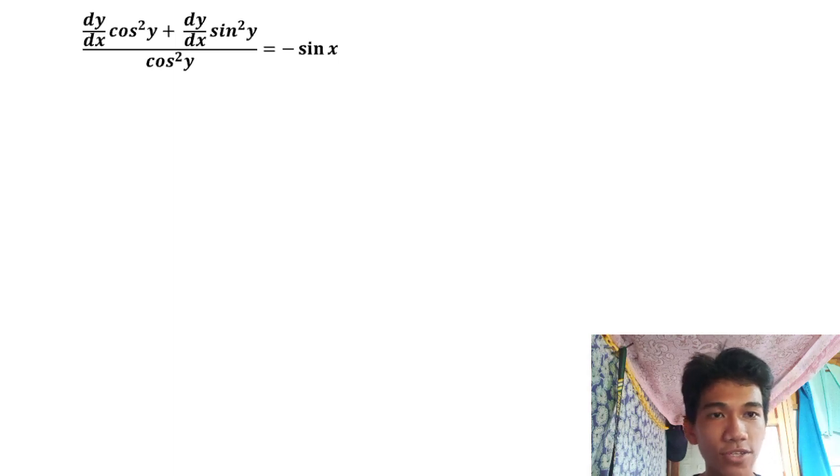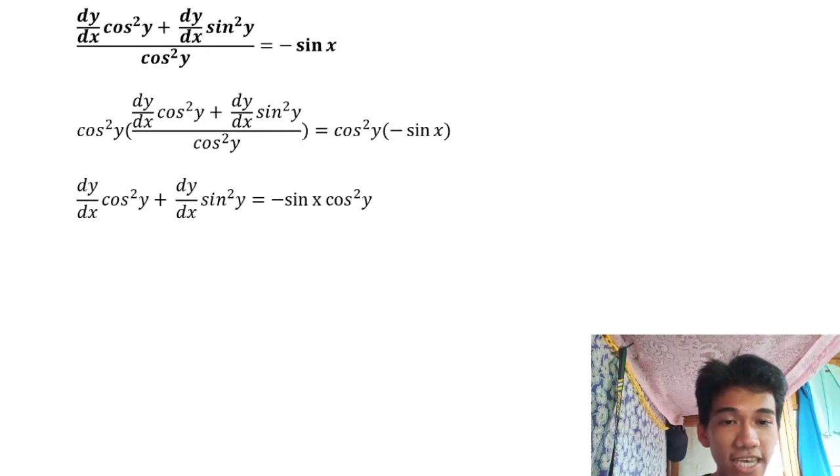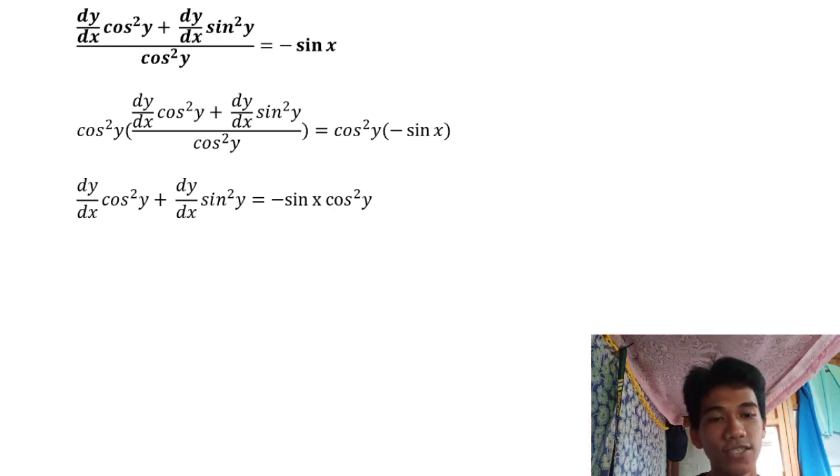Multiply both sides with cosine squared of y so that the cosine squared of y cancels. So we have the dy over dx cosine squared y plus dy over dx sine squared of y. Then copy the negative sine x times cosine squared of y.